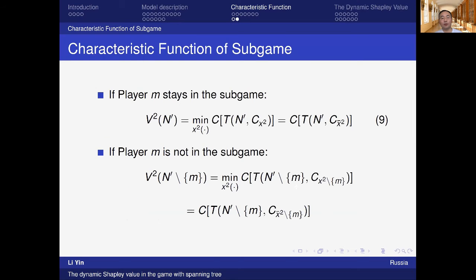So we can define the characteristic function of subgame. Because it is a two-stage game, the subgame is only one stage game at second stage. If M stays in the subgame, the grand coalition has n players, and if M is not in the subgame, the grand coalition only has n-1 players.